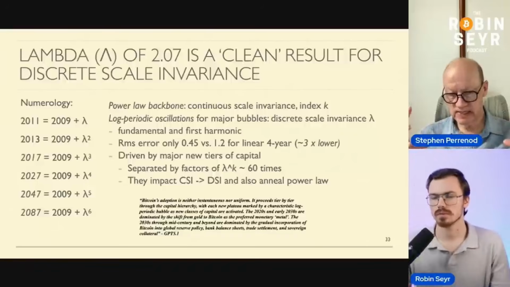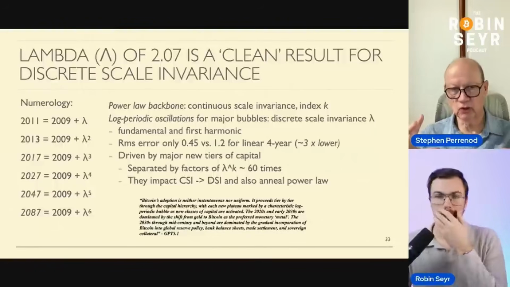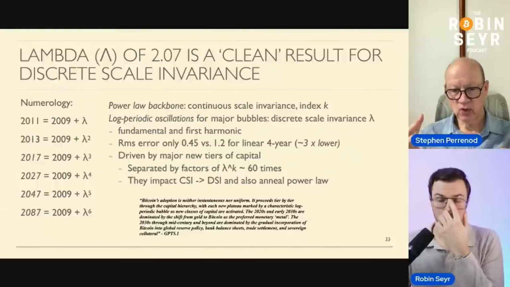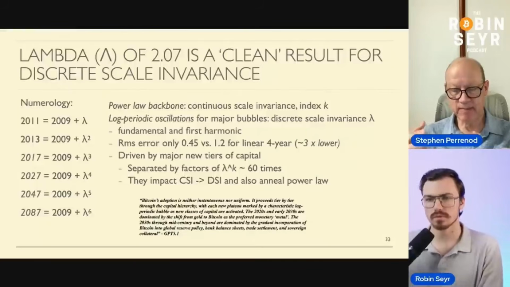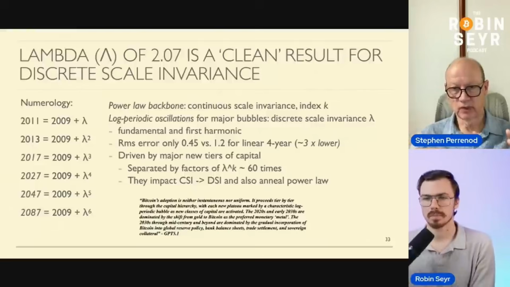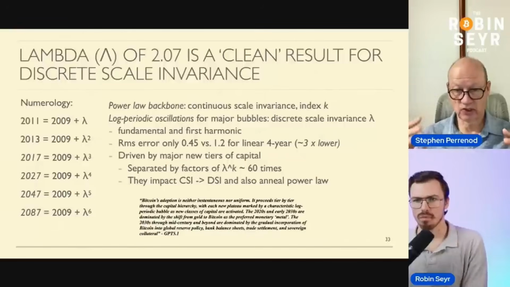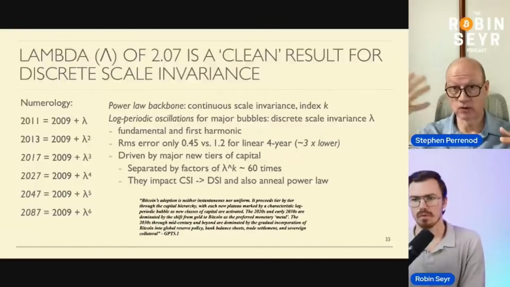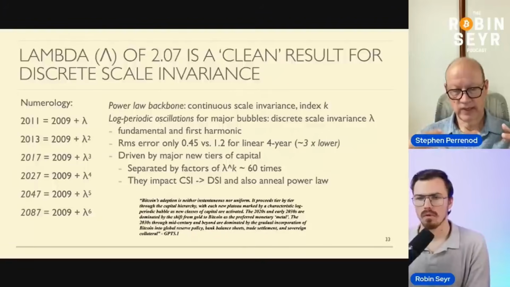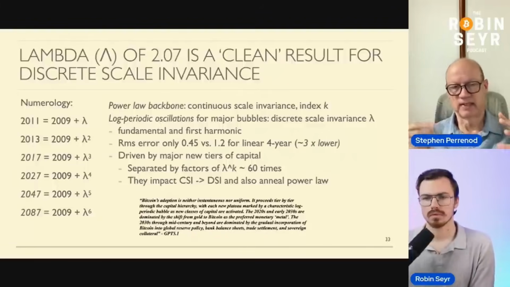This is intrinsic structure within Bitcoin in the way that it adapts to capital inflows from higher and higher tiers, larger and larger amounts of liquidity that gets directed into Bitcoin.